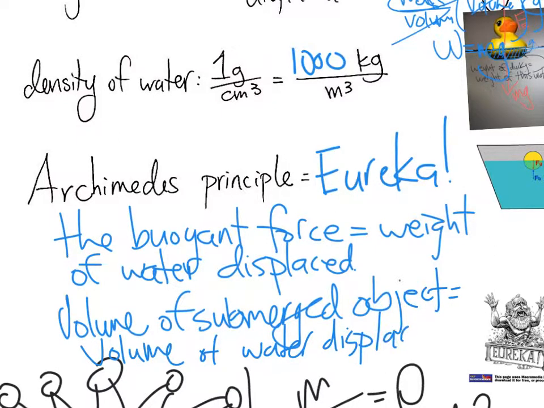And by displaced, we mean pushed out of the way. So if you have a graduated cylinder or something and you're measuring, it would be the amount that the water level rises. So you might want to write that amount water level rises right here.